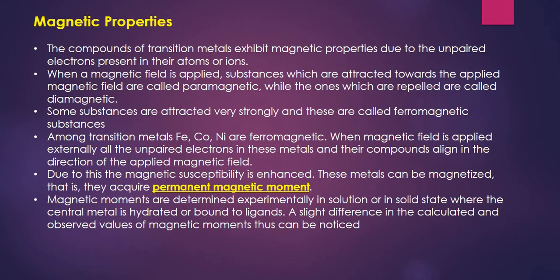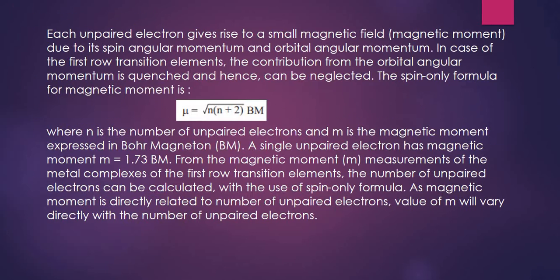Now, magnetic moment is determined experimentally in solution or in solid state, where the central metal is hydrated or bound to ligands. A slight difference in the calculated and observed value of magnetic moment would be noticed.